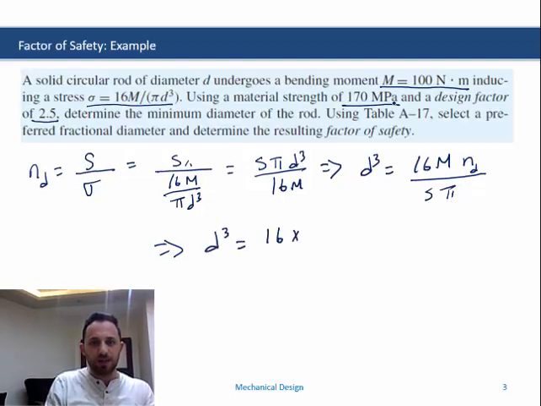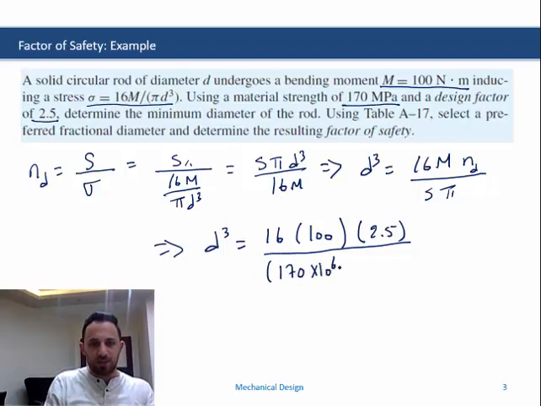16 times 100. Let me use parentheses. 100 Newton meter. The design factor is 2.5 over the strength, 170 times 10 power 6 Pascal, times pi, all to the power of one third.